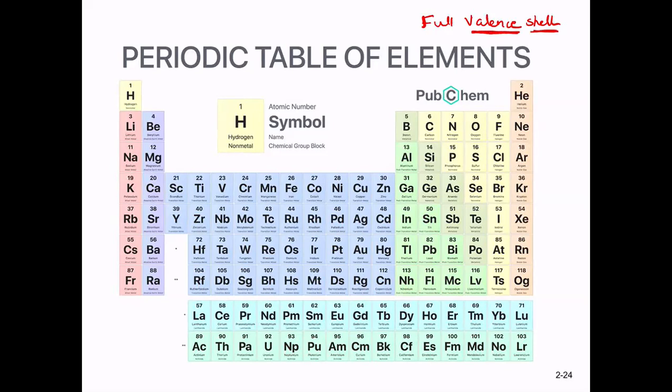And shell is what we also call the energy level. So when you start learning about the structure of the atom in detail in chapter 7, you'll see that the electrons in the extranuclear space are not randomly arranged, okay? They're organized in what we call energy levels or shells.